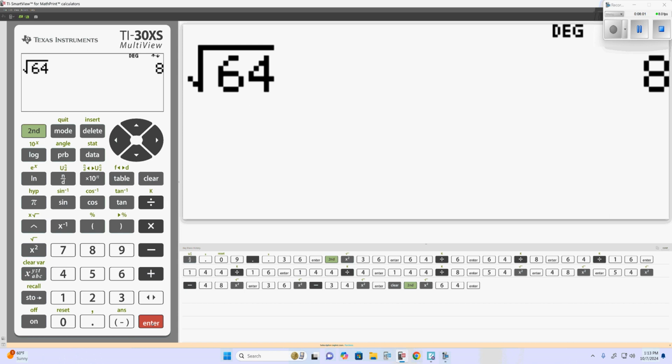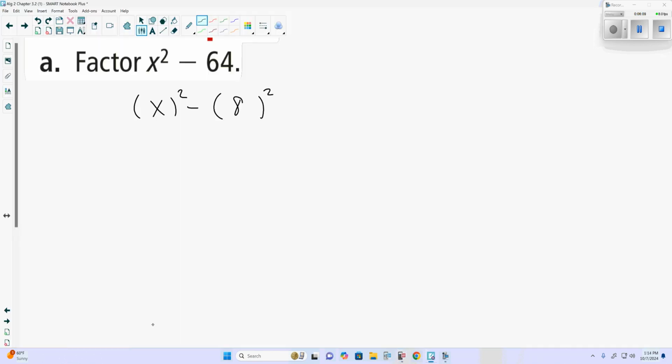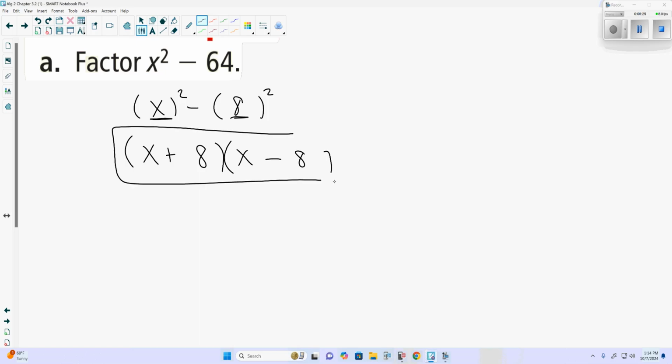Then it tells us it is indeed 8. So this is indeed a difference of perfect squares. We'd have our plus and minus. Our a term would go first, so we would have x and x. Our b term would go second, so we'd have 8 and 8. So we get x plus 8 times x minus 8. That's it. Questions on this here? We ready for the next one?